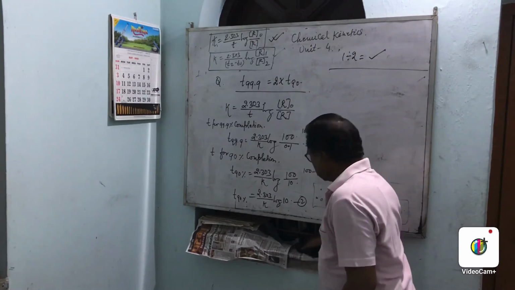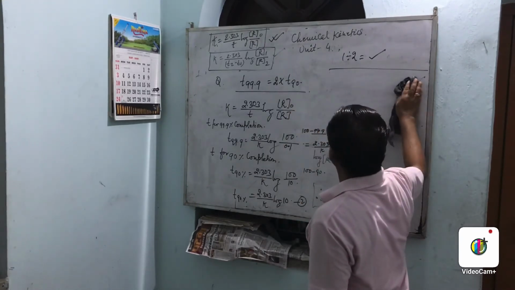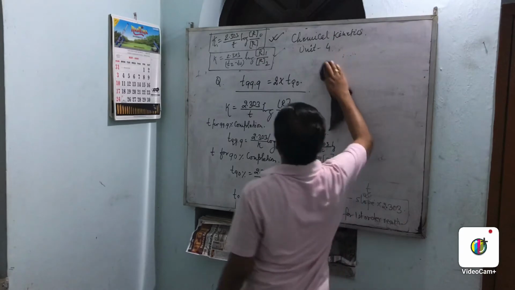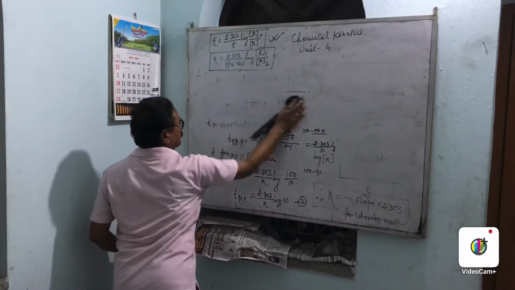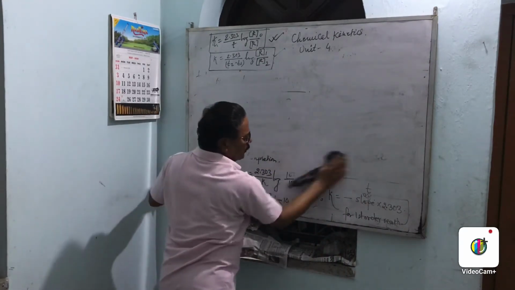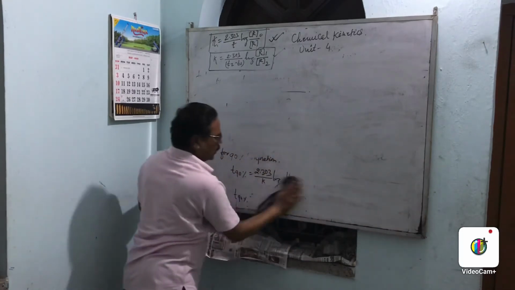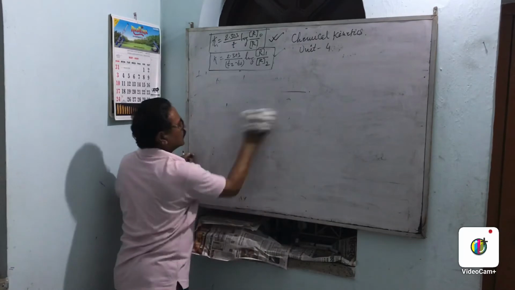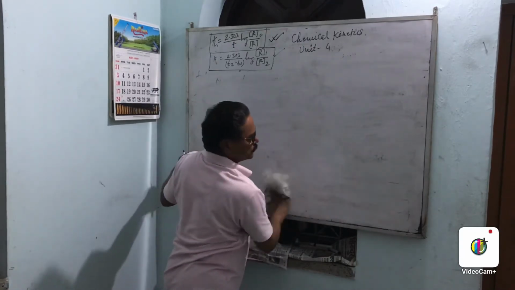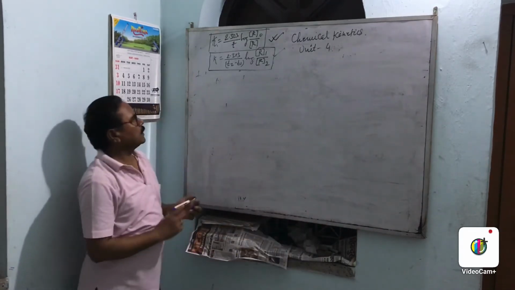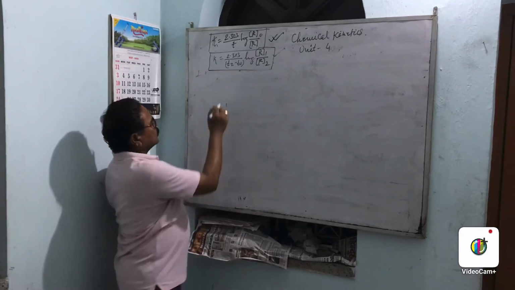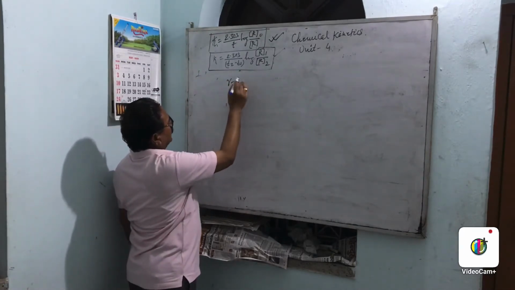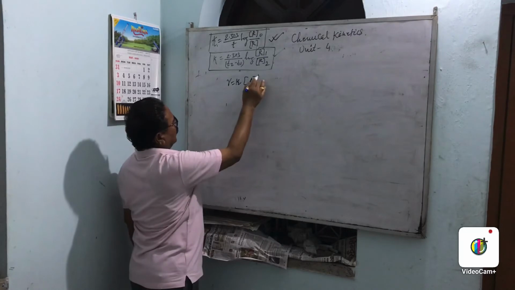Now we take another problem based on it. Such type of problem can be solved by using this equation of the first order reactions. Now suppose we take another example. Suppose a graph R is equal to K, and this is 1.